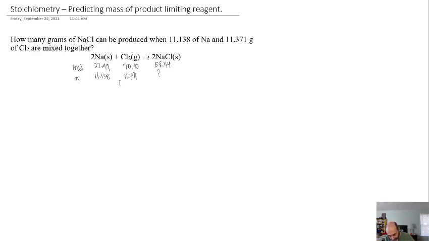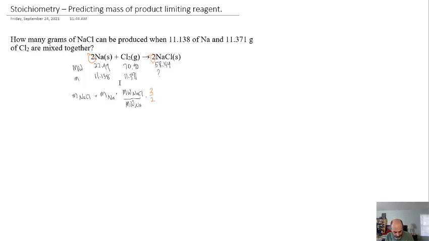The mass of sodium chloride will be equal to the mass of sodium times the molecular weight of sodium chloride over the molecular weight of sodium times the ratio of the stoichiometric coefficients. In this case, each of them is 2, so we'd have 2 over 2.